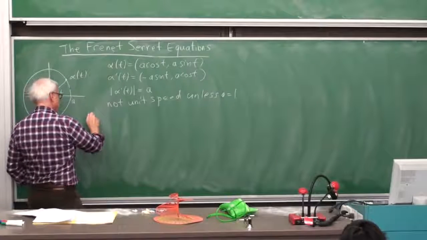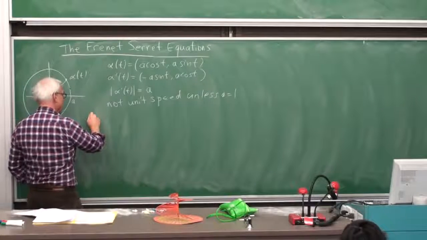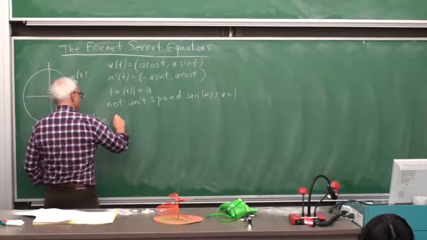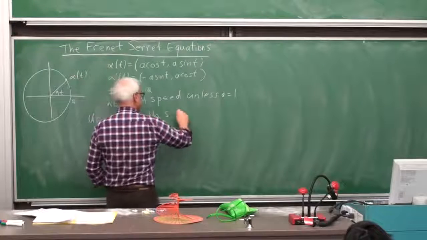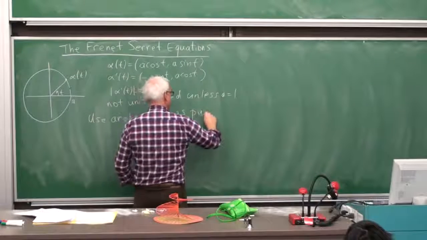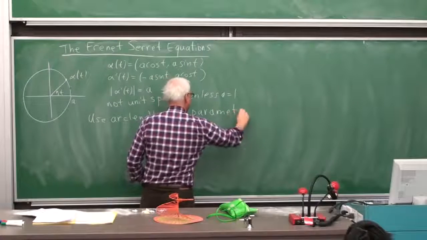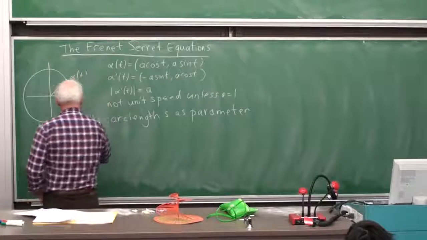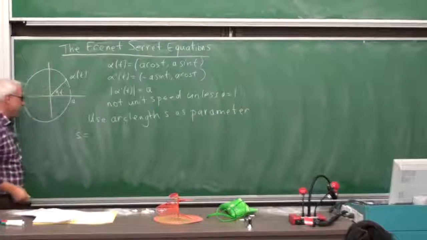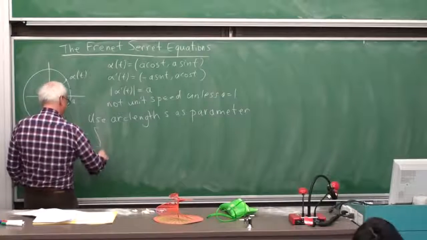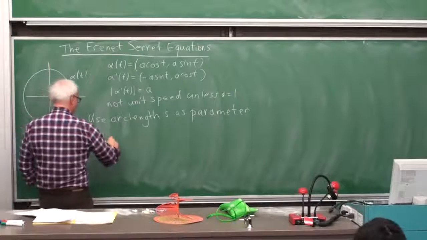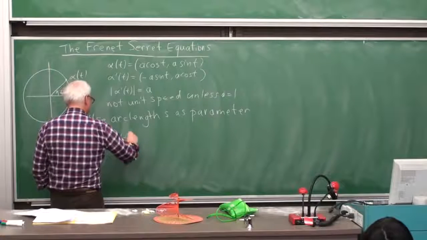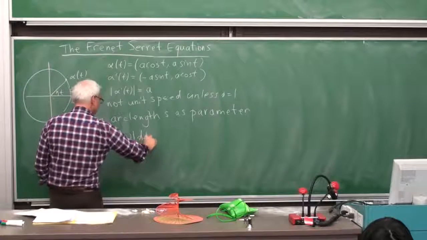Now it's often nice for us to try to reparameterize the curve. So we want to reparameterize by using arc length s as a parameter. And our arc length is defined by the formula that it's the integral over the curve, or whatever part of the curve that we're considering, of the length of alpha prime of t dt.